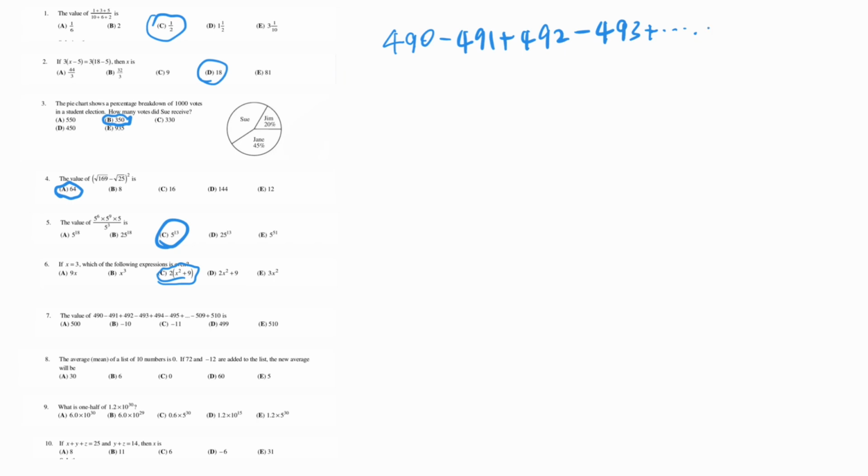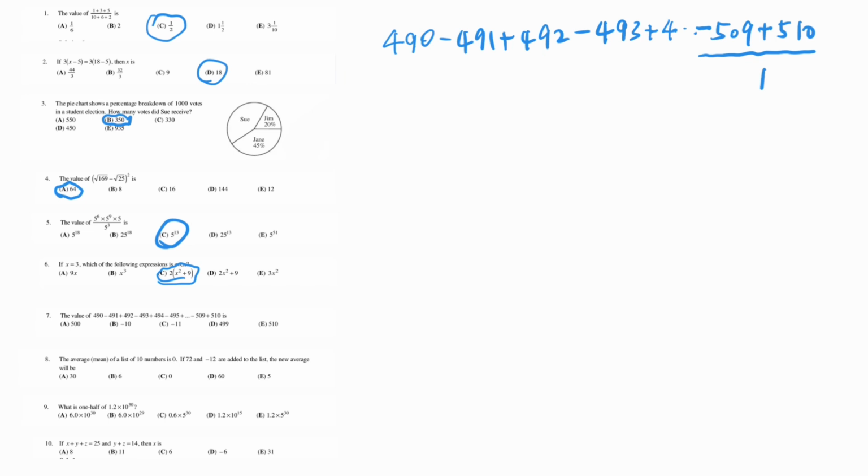The last two numbers will be minus 509 plus 510. So for this problem, we go backward. From the last two, 510 minus 509 is 1. They all equal 1.